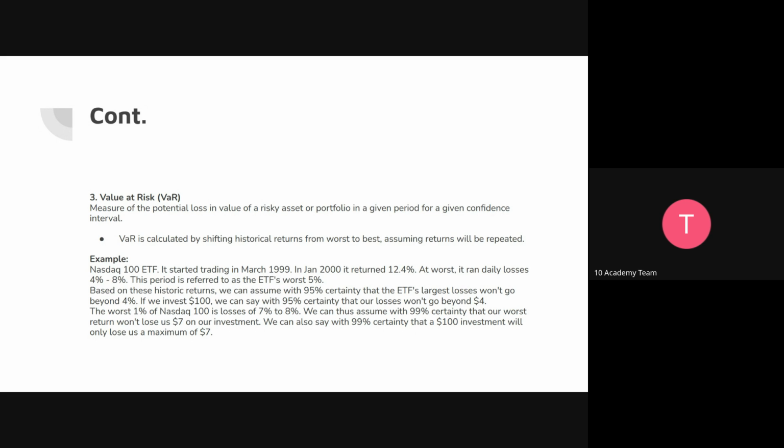So the challenge document suggests you use the VAR, standard deviation and Sharpe ratio. These are the ones suggested for you to use. If you want, you can look at more measures of risk.